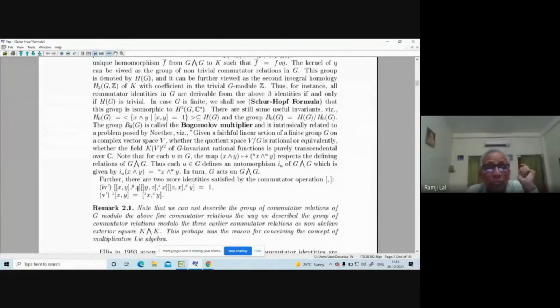In a Lie algebra, it is the Jacobi identity which is satisfied. And here also, the fifth identity is the inner conjugation of the commutator by Z, which is the commutator of their inner conjugations. These are the two more identities which are satisfied by the commutator identities.